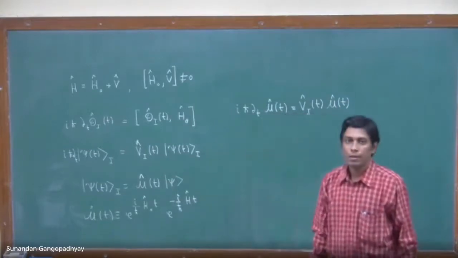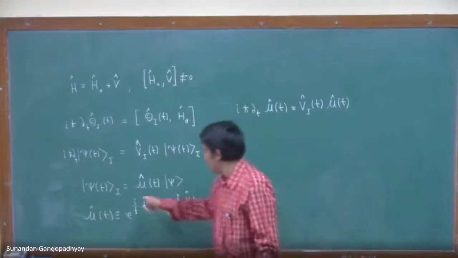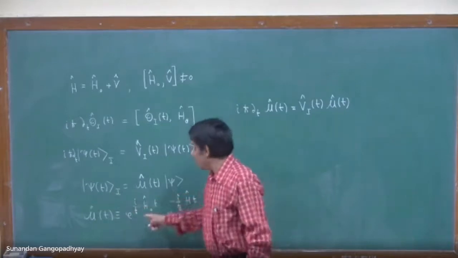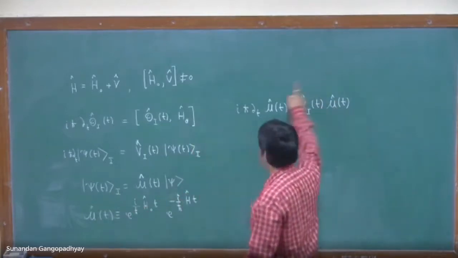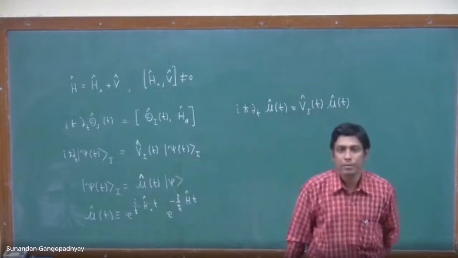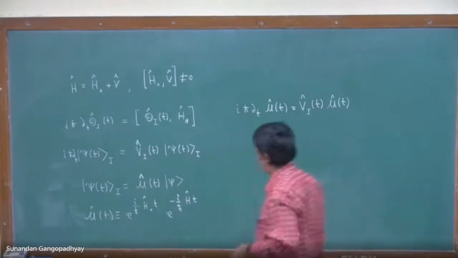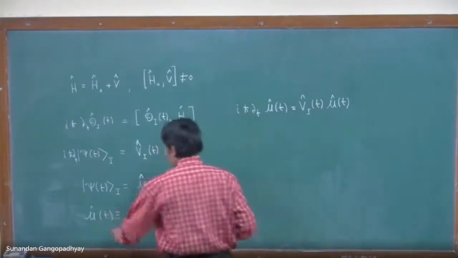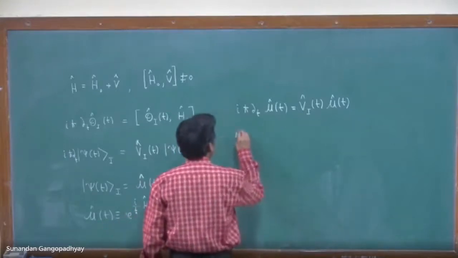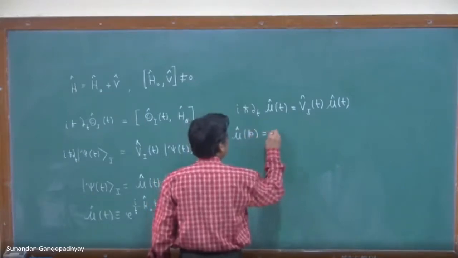So you can see that the evolution operator U hat t also satisfies an equation which is similar in structure to the equation satisfied by the state gates in the interaction representation. And from the definition of the evolution operator, you can immediately see that U hat at time t equal to 0 is the identity operator.